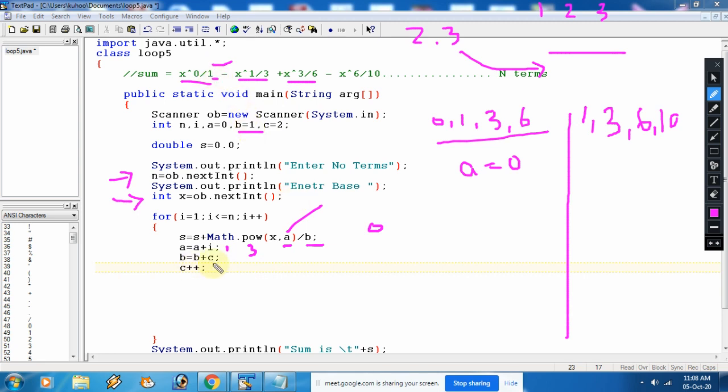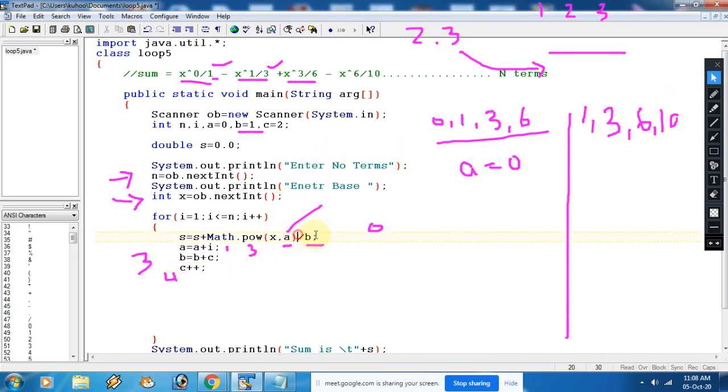Next time b plus c, so c was 2, so 1 plus 2 it becomes 3, and now next time c will be 4, right? Next time after we are getting 3 here, so 3 plus 3, it will come 3 plus 3. I think there is some mistake.